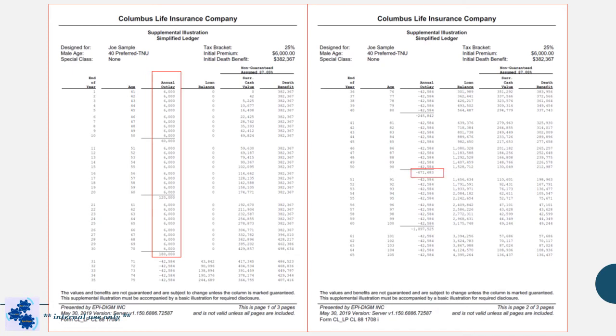So let's say you start taking money out, and you're taking out $42,584 per year, every year, and you've done it until age 90. If you look at this column, it shows negative 671,683. What it means is that you put in $180,000 and you took out 671 plus 180.